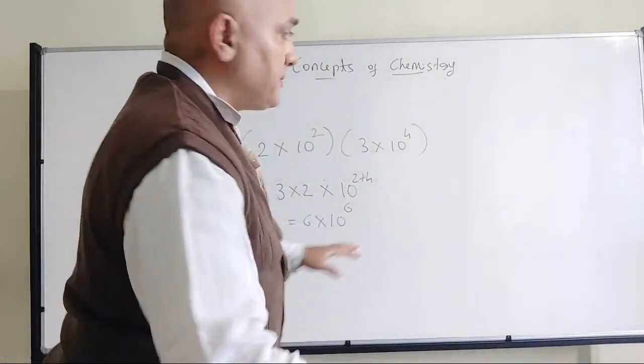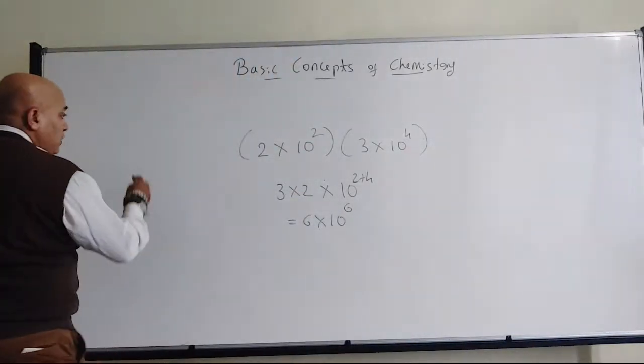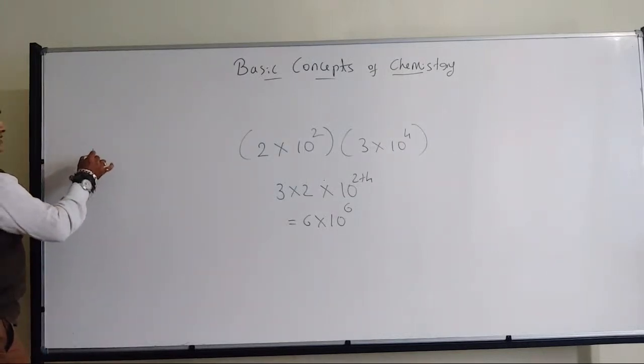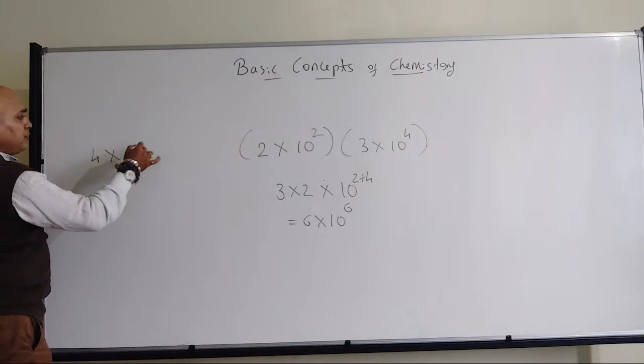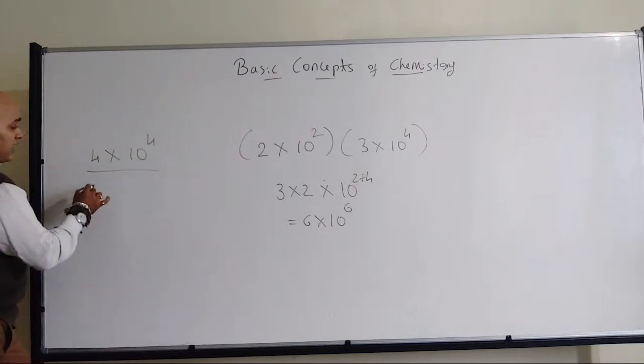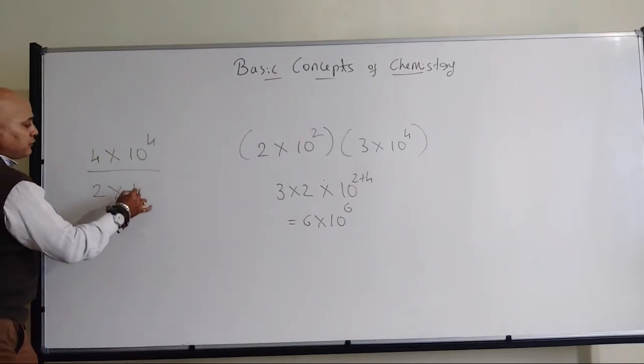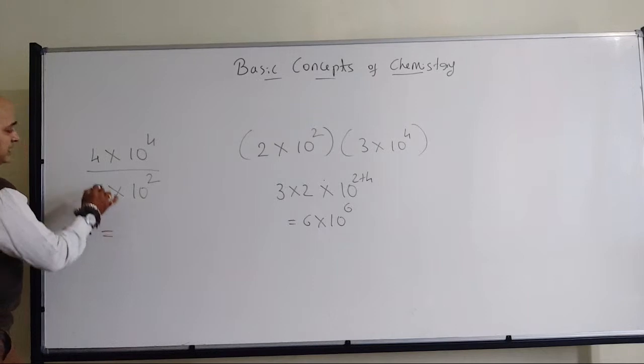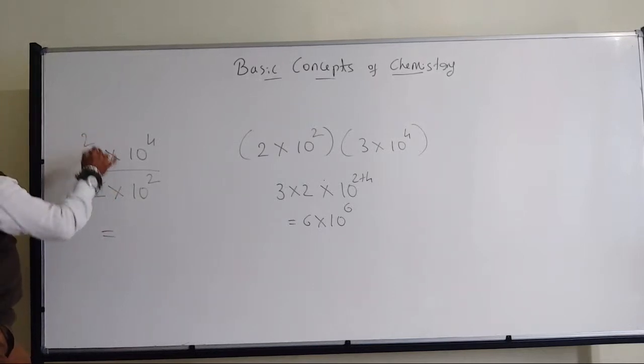Now, same thing, another value I will take. While solving the problem, we got the condition in such a way that 4 into 10 to the power of 4 divided by 2 into 10 to the power of 2. Now what to do? How to solve? So 2 ones are 2, 2 twos are 4.